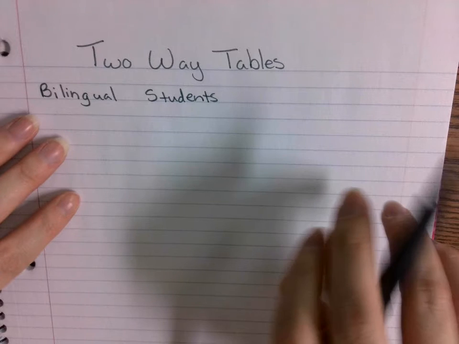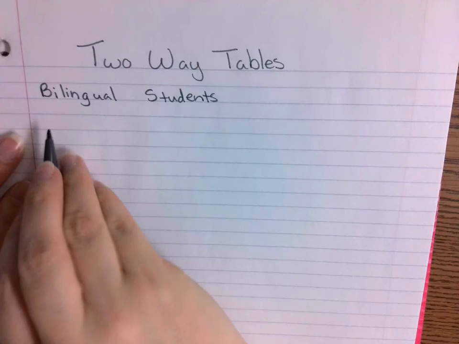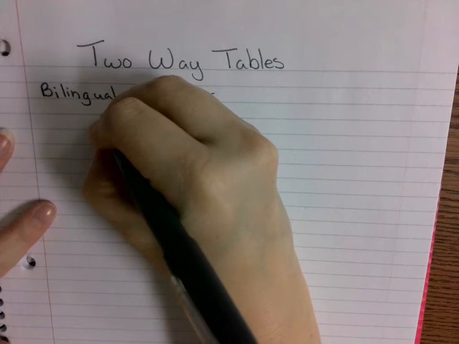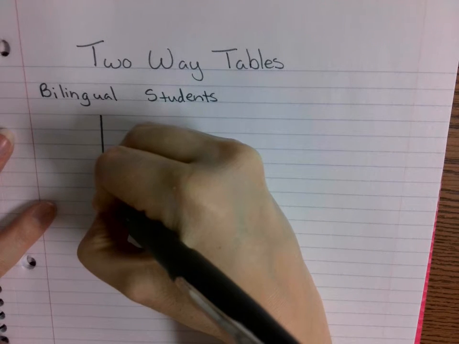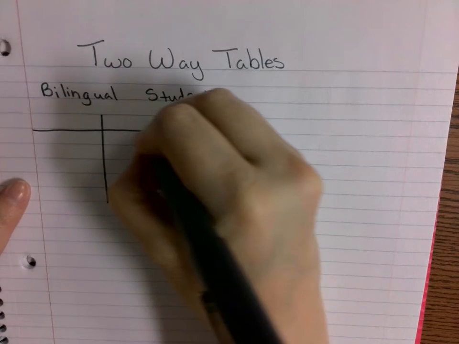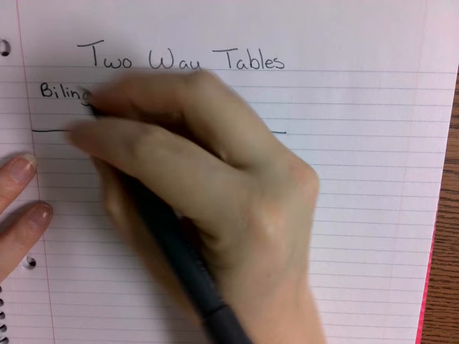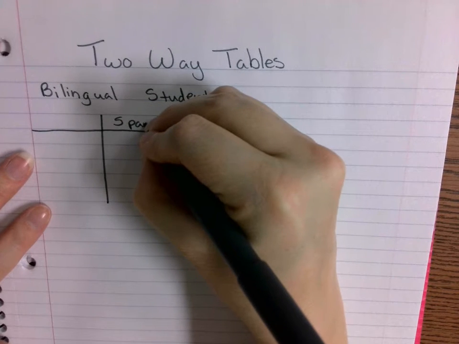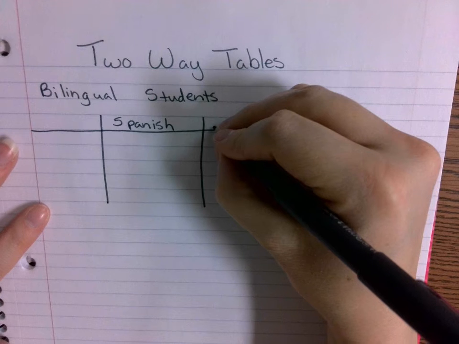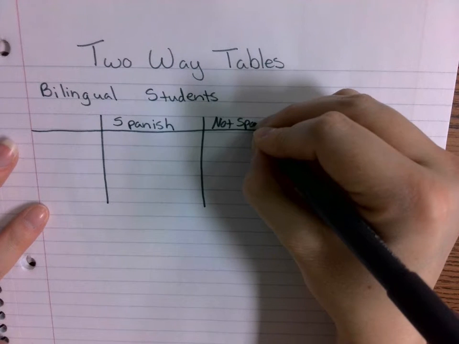So here, we're talking about the bilingual student. We'll say that there are people who speak English and people who speak Spanish. So we have Spanish speaking, so either they speak Spanish in the group or they do not speak Spanish in the group.